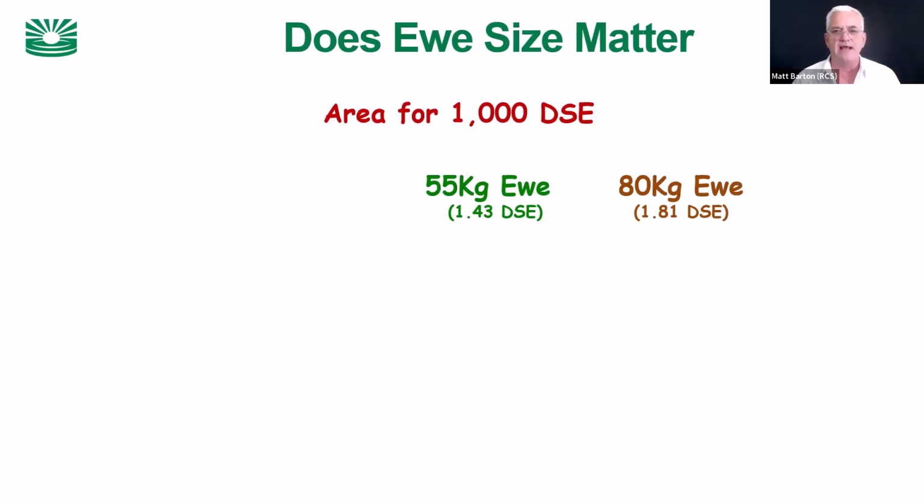That takes into account lactation, third trimester, etc. They're both based on a number of weeks of lactation. They're both exactly the same. So the total number of ewes that we can run on that 1,000 DSE, the first, 55 kilo ewes, we can only run 746. With the 80 kilo ewes, we can run just 552.